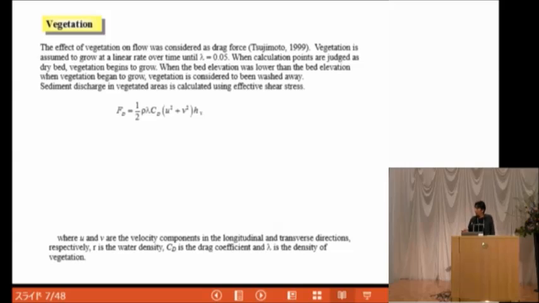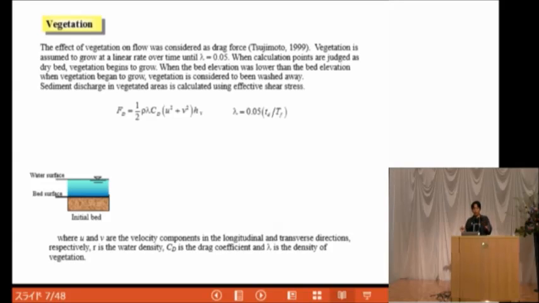In this calculation, we try to consider the invasion, growth, and wash-away process of the vegetation. So we change the vegetation density to reproduce those phenomena. At the initial condition, the bed geometry is flat, so there is no bar, there is no dry bed area, and there is no vegetation. But after the bed deformation, the dry bed area will be formed, so vegetation starts to grow. We assume the vegetation starts to grow at the dry bed area.